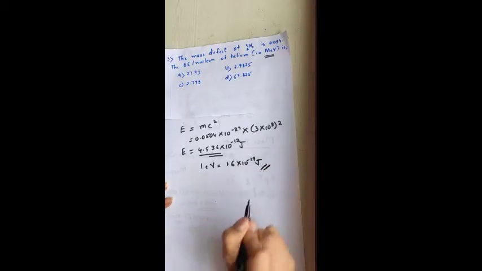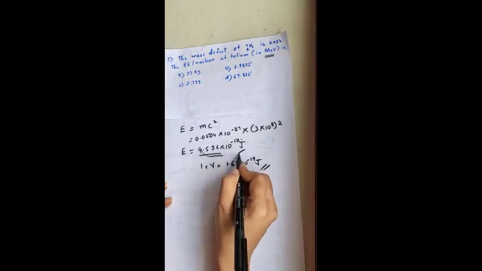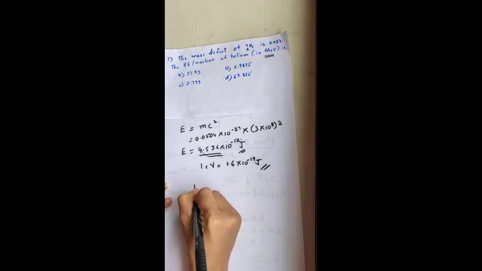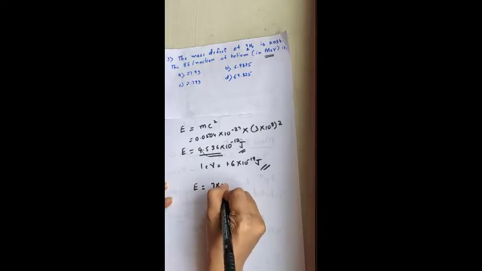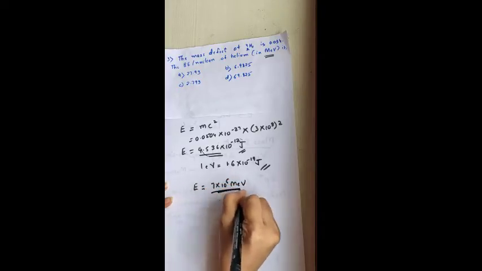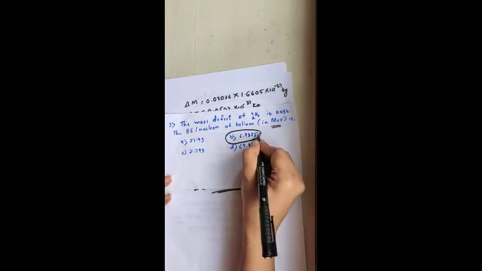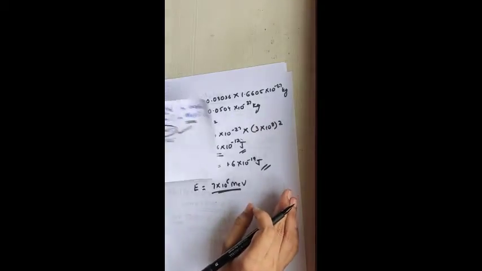Very important relation to be remembered. And hence when you convert this much amount of energy in joules into electron volt, you have to divide this equation by 1.6 into 10 power minus 19, for which you get the energy E to be around 7 into 10 power 6 mega electron volt. So the nearest answer is 6.9825. So this becomes the answer, 6.9825.